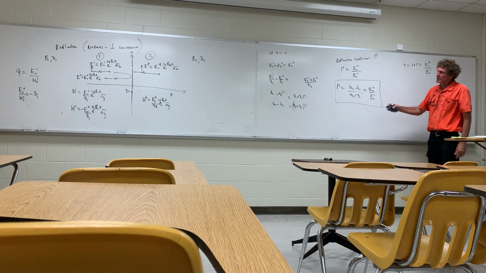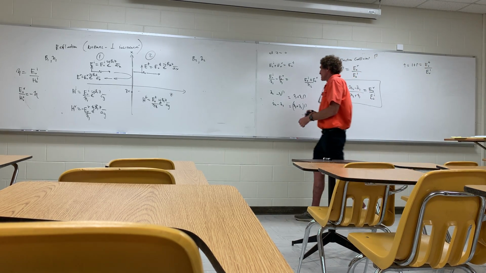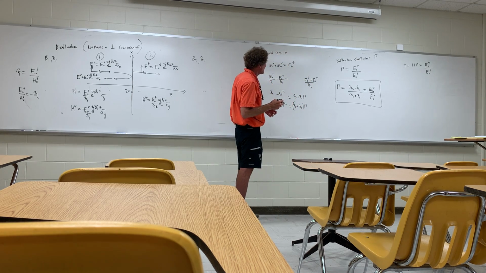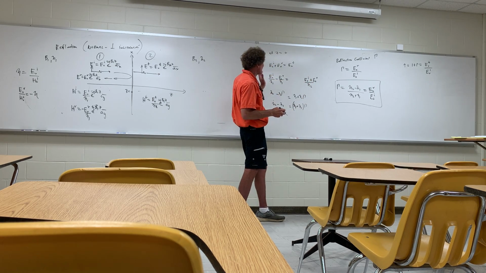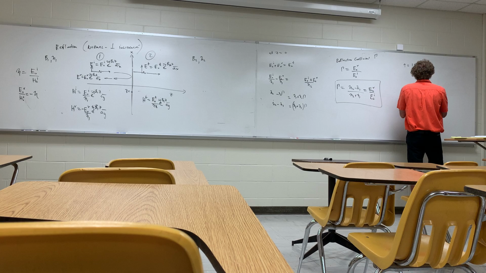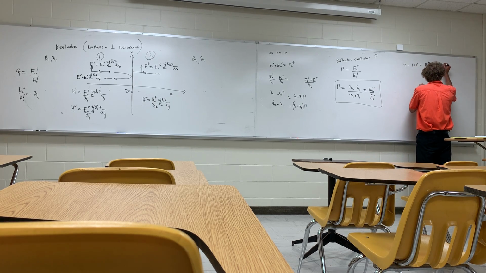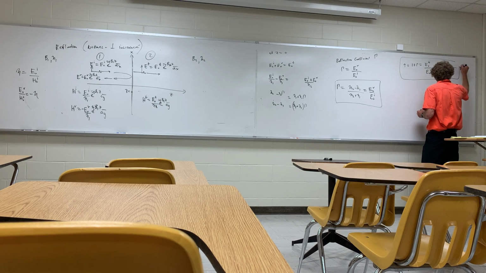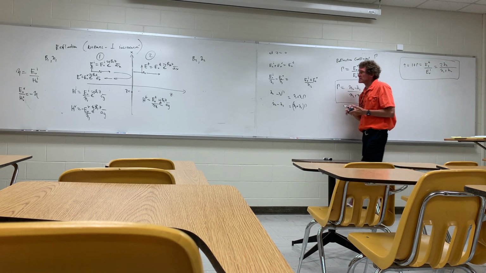I could start here and say that E naught reflected was E naught transmitted minus E naught incident, and replace these two and get everything in terms of E naught transmitted and E naught incident. But it will come down to this value, which is equal to 2 times eta 2 over eta 1 plus eta 2. This is always the way it's going to be, and this is the transmission coefficient right there, reflection and transmission.